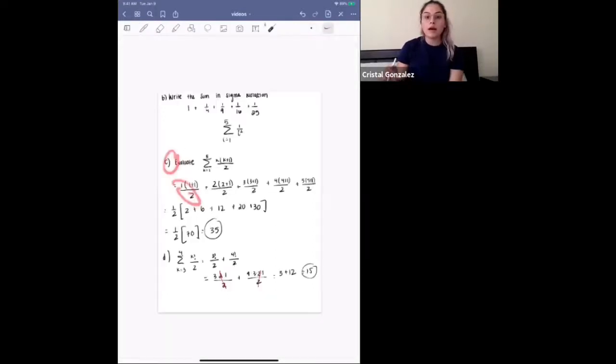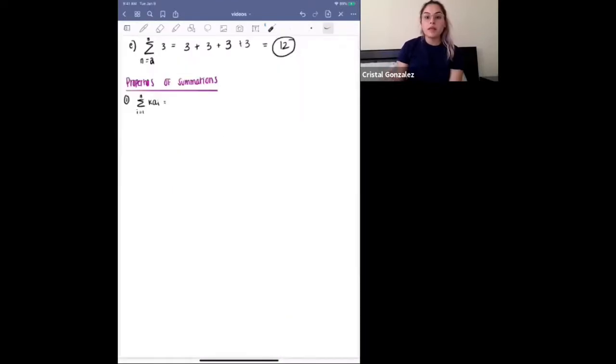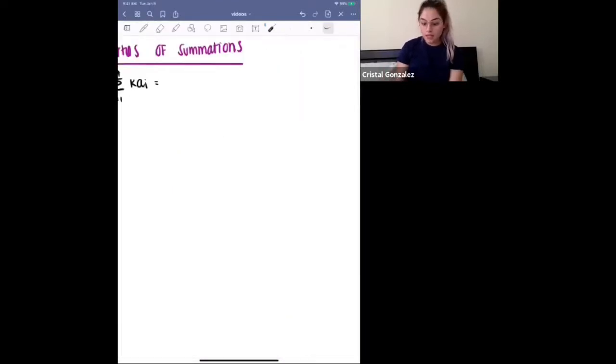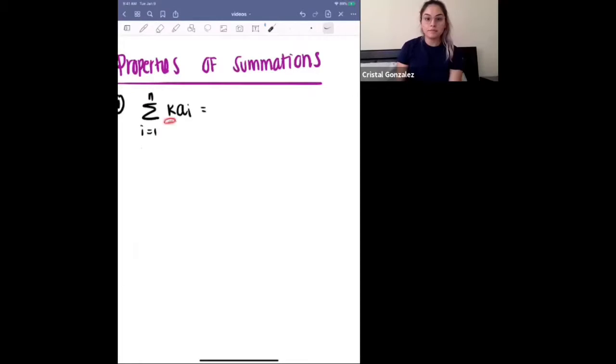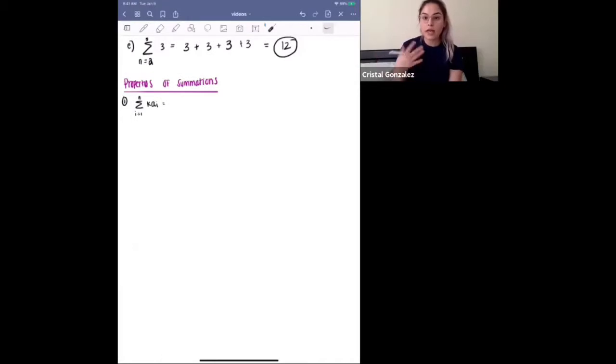Because this k doesn't involve any i, we can factor that k out of the summation because it has nothing to do with the index of our problem. And so instead we can evaluate k times the sum from i equals 1 to n of a_i.